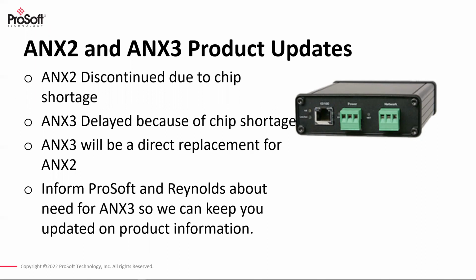Our next product will be the ANX3, and that's currently delayed for a chip shortage. So anything that you are trying to get from PLC5 or Data Highway Plus to Ethernet/IP, please do reach out to me directly as well as your Reynolds rep, so that we can make sure to keep you updated.